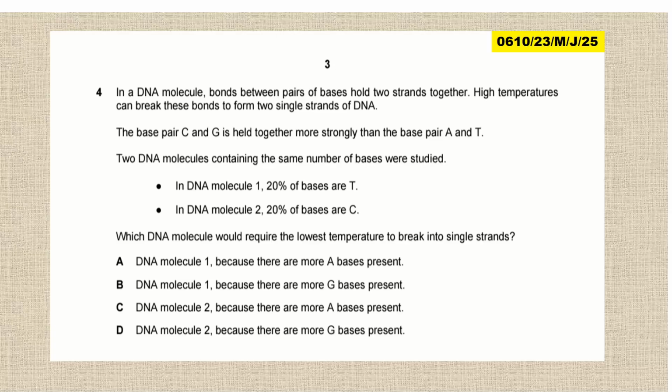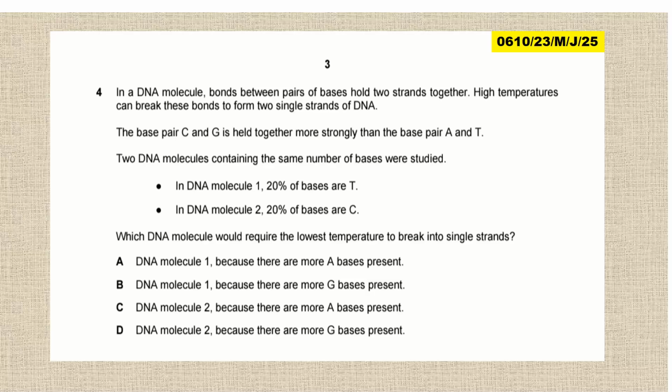Now let us look at this one, paper 2, variant 3, May/June 2025. In a DNA molecule, bonds between pairs of bases hold the two strands together. High temperature can break these bonds to form two single strands.